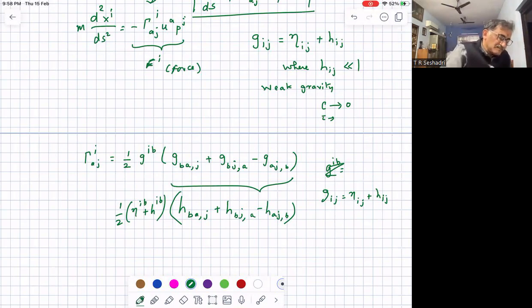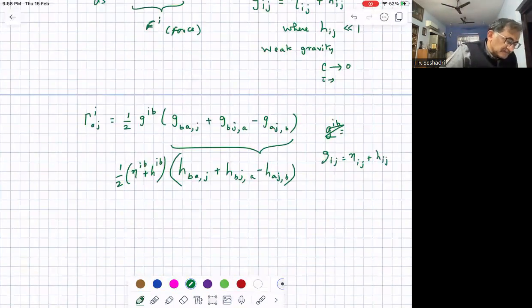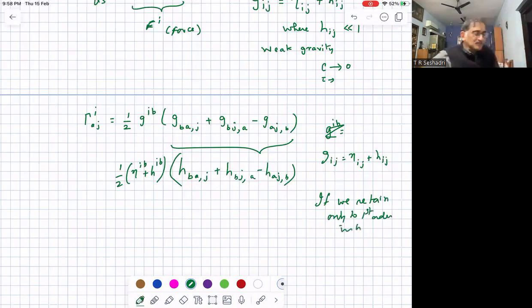Now you find that if we retain only first order in h, because I want to look for weak gravity, since I have experimental observations with Newtonian gravity, I want to see, if I bring it to the Newtonian limit, what kind of thing we get.